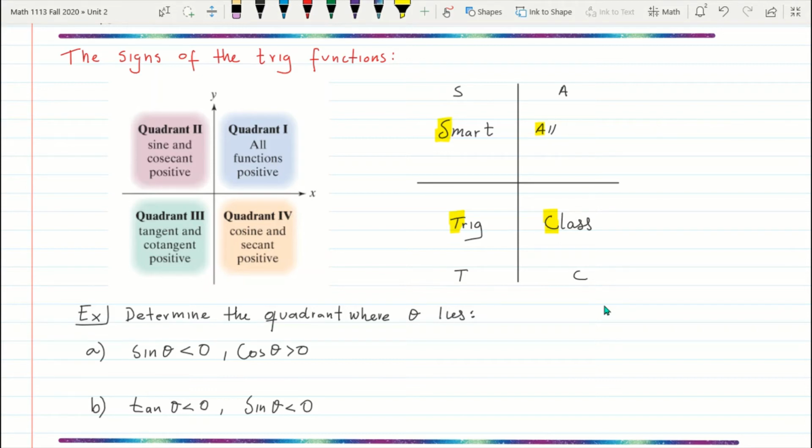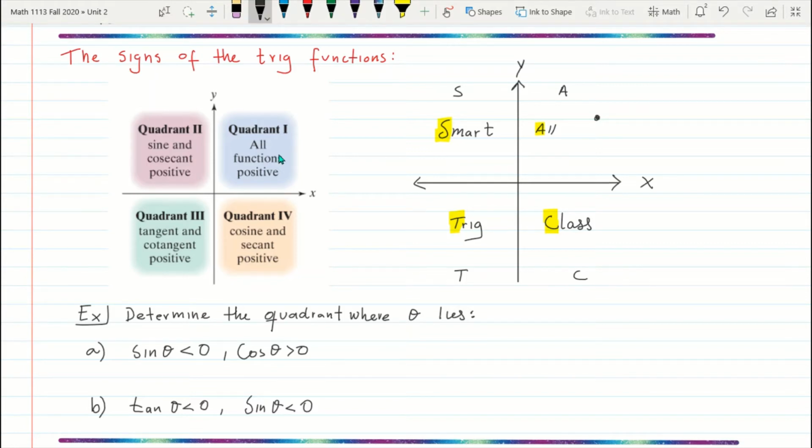So what happens when you have a point that is in the first quadrant, wherever you have a point here or here? Well, in quadrant 1, all functions are positive, meaning sine, cosine, and tangent, along with its reciprocals, are all going to be positive. Perfect. Nothing to worry about there.